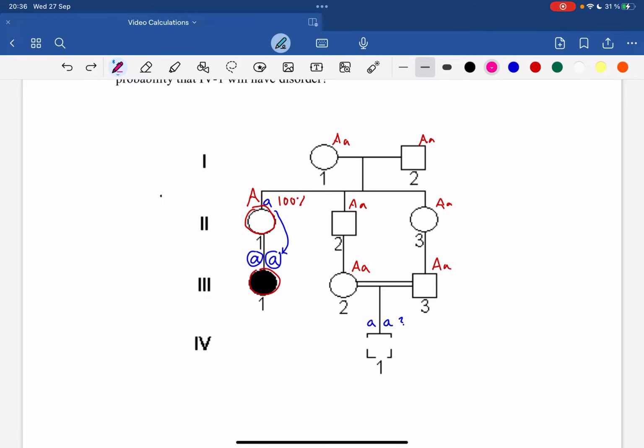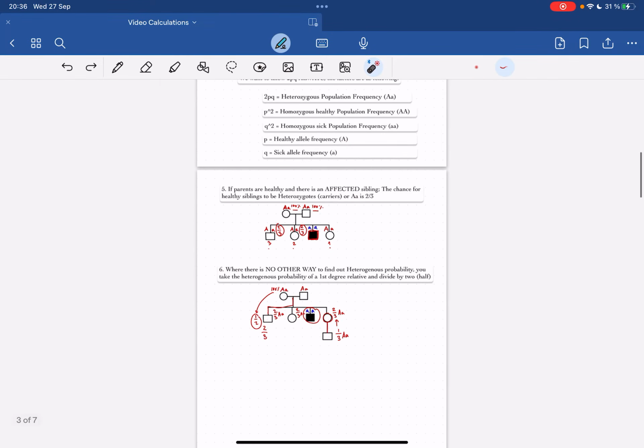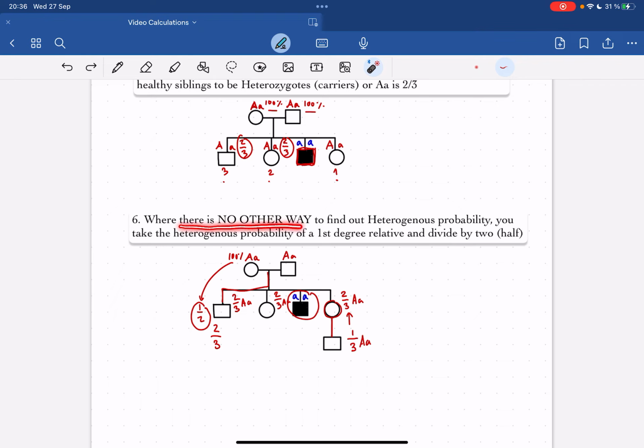Well, just to make sure I'm checking my previous explanation. Remember the last rule, where there is no other way to find out heterozygous probability. You take heterozygous probability of a first degree relative and divide by 2, or by half.